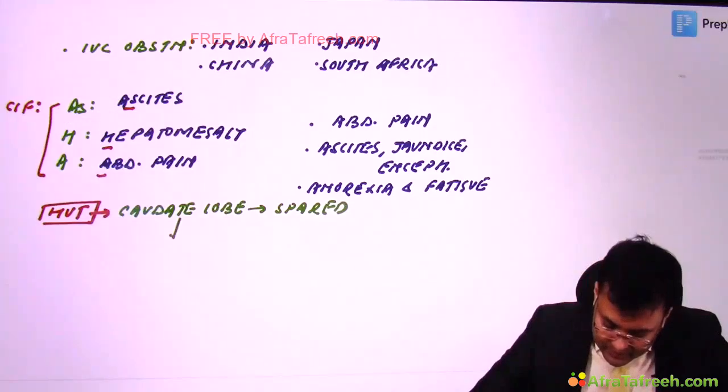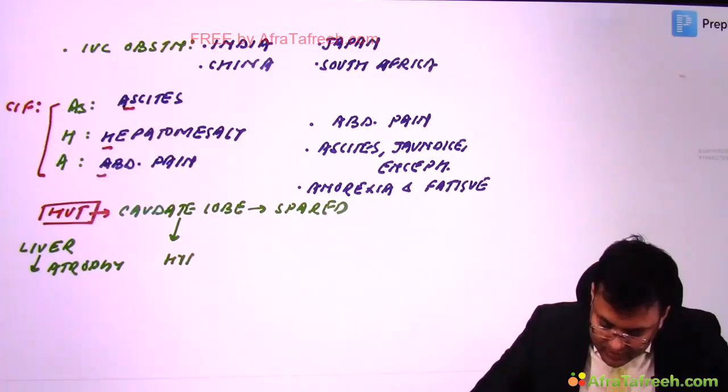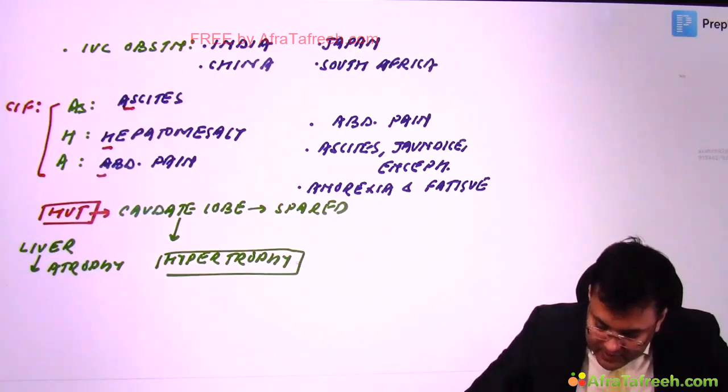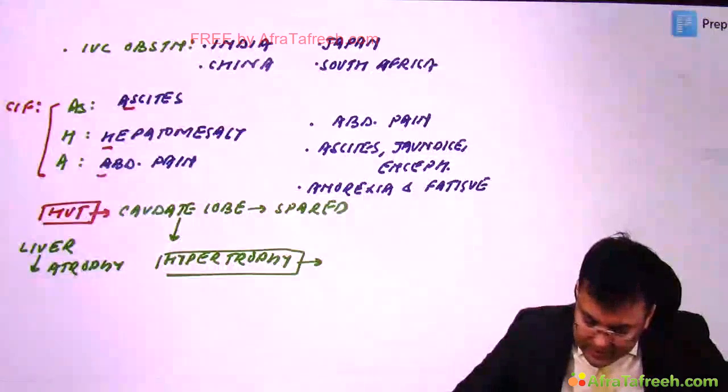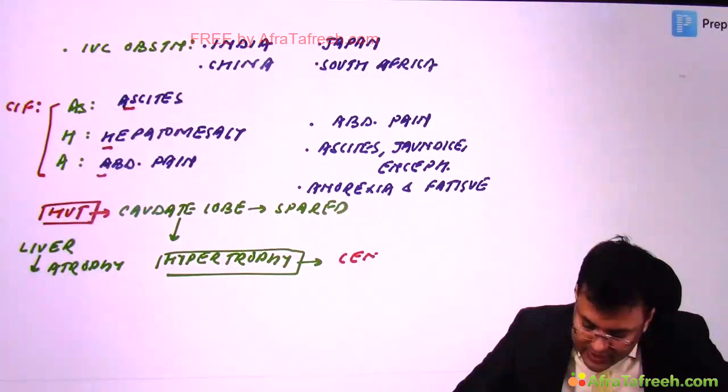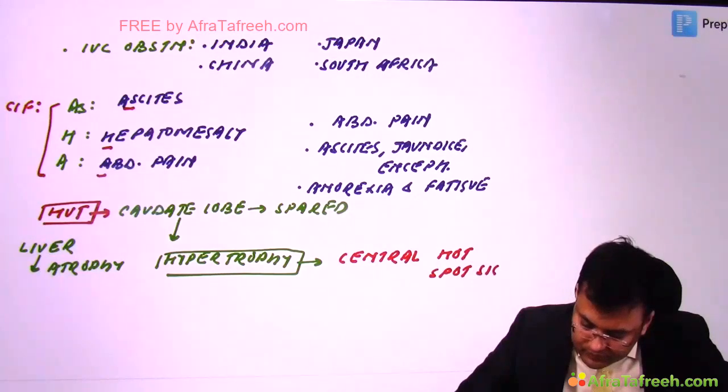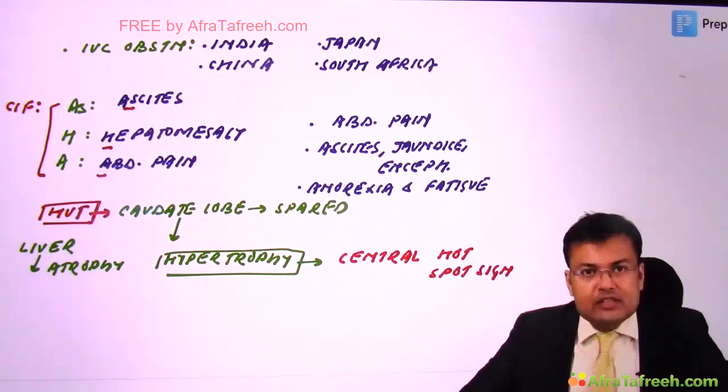So here, in the liver there is atrophy, but in the caudate lobe, there is hypertrophy. Clear? And this hypertrophied caudate lobe on scintigraphy is known as central hotspot sign.